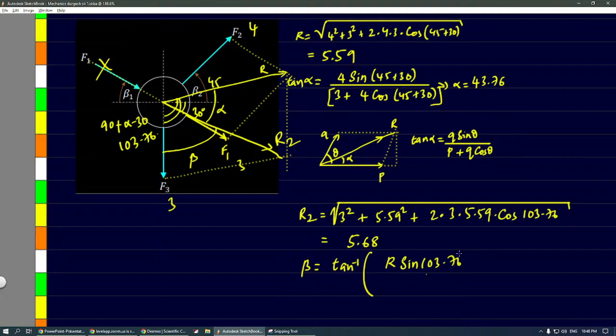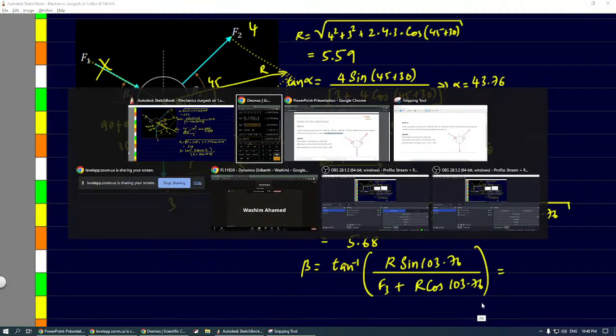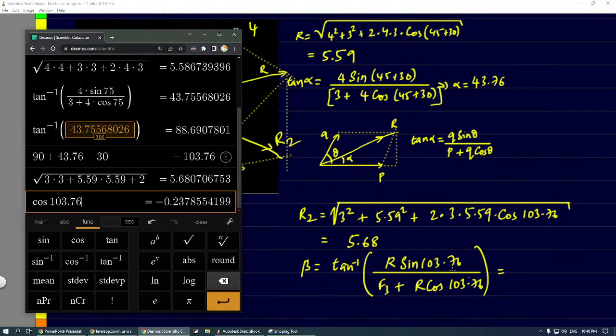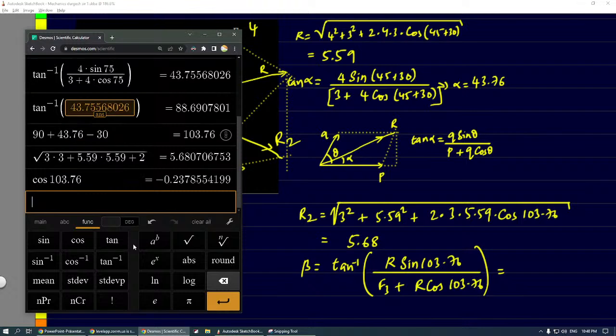Divided by the other force, that is F3, plus R cos 103.76. Find it. R means 5.59.